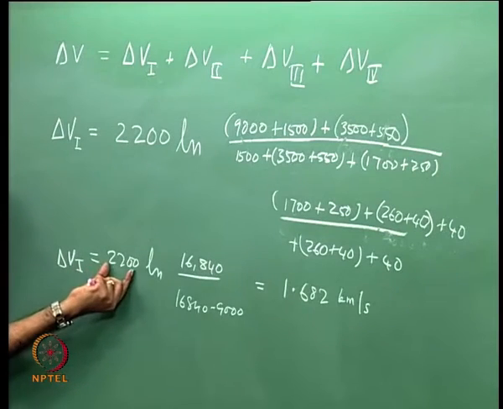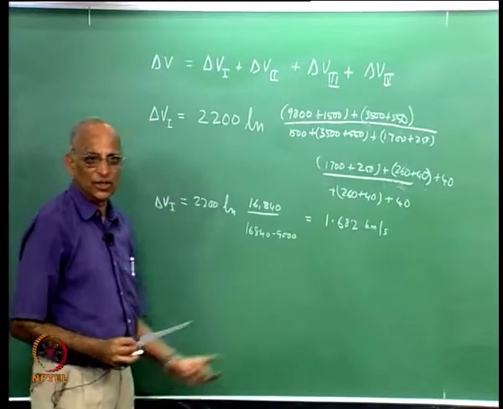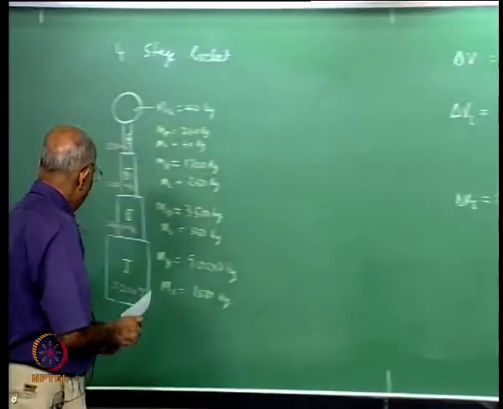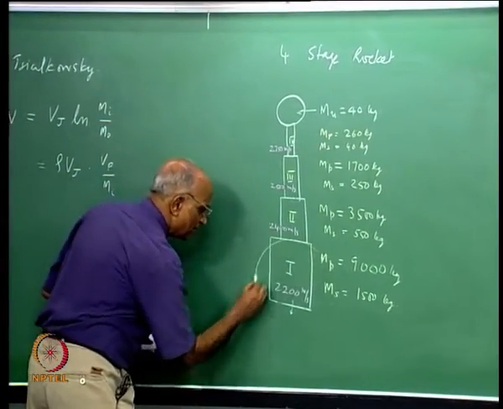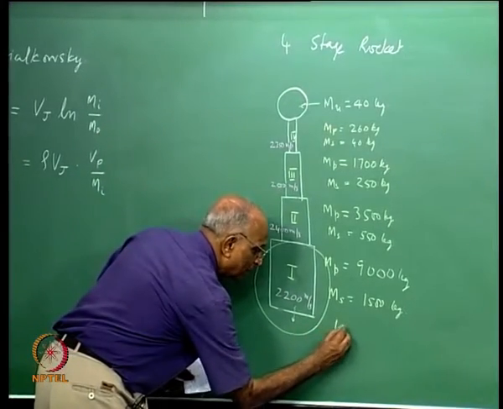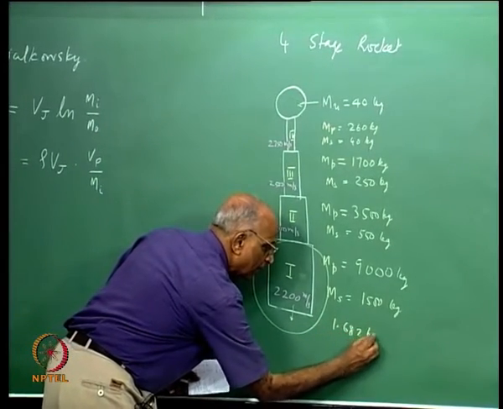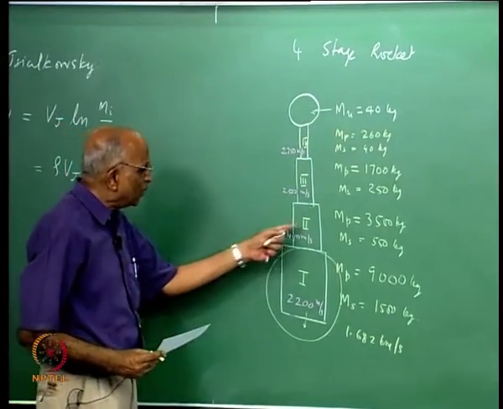Therefore I get the velocity of the first stage delta V1 as 1.682 kilometers per second.